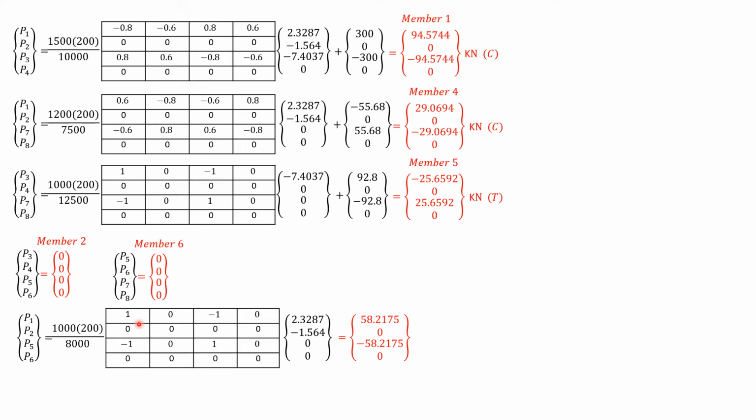The result is 1 times 2.3287, just it, then times this value. So you'll get 58.2175, then negative 58.2175. So member 3 is in compression.